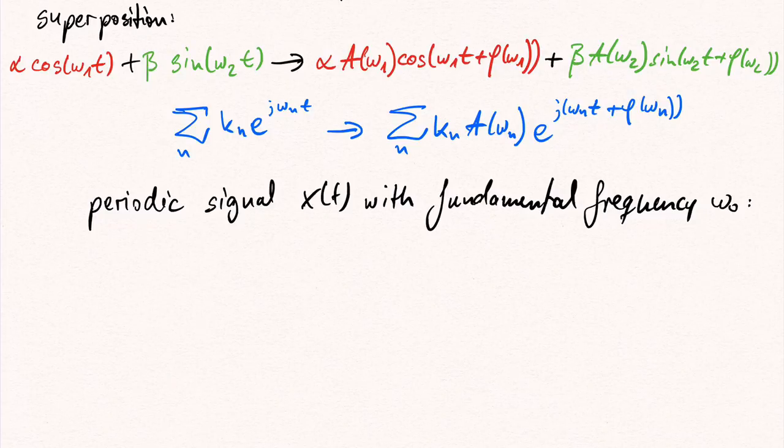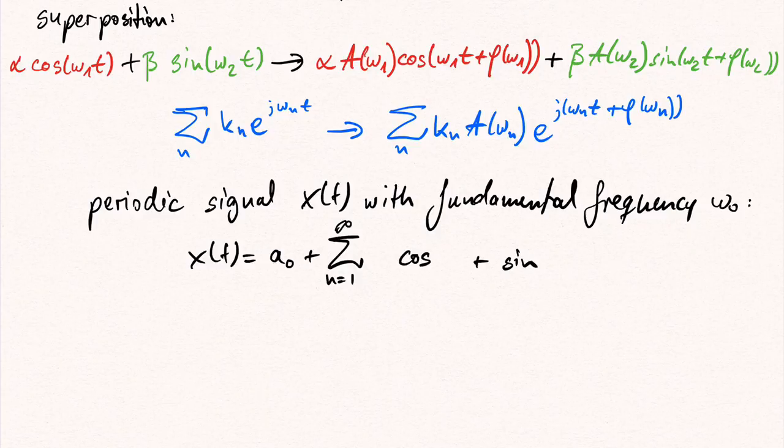Then by applying the Fourier series, we can express x of t either as a constant plus an infinite sum of cosine and sine terms, where n goes from 1 to infinity, and the frequencies of the sine and cosine terms are multiples of the fundamental frequency omega 0, and the cosine terms are scaled with a n's, and the sine terms are scaled with b n's.